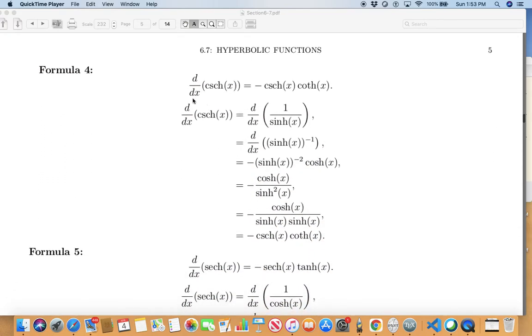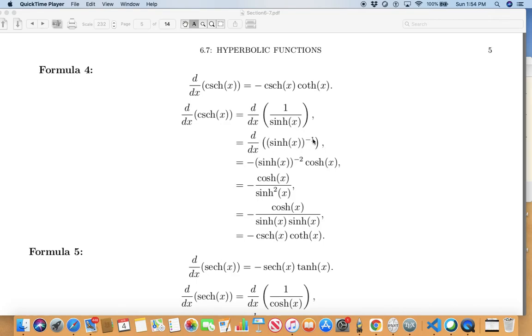Next formula. The derivative of cosecant hyperbolic x is negative cosecant hyperbolic x cotan hyperbolic x. Let's look for it. The derivative of cosecant hyperbolic x is the derivative of 1 over sine hyperbolic. 1 over sine hyperbolic is sine hyperbolic x to the power negative 1.